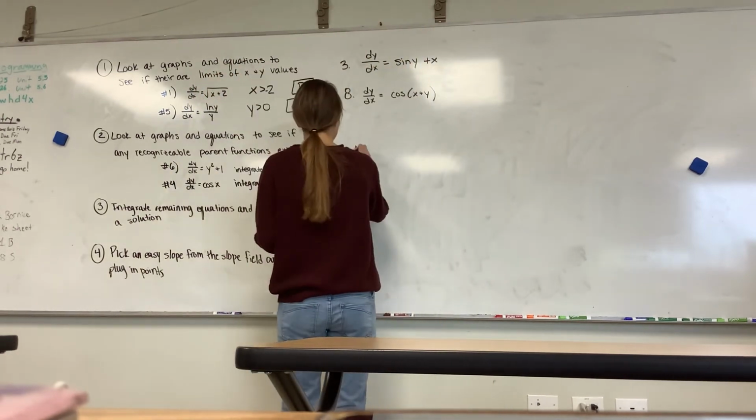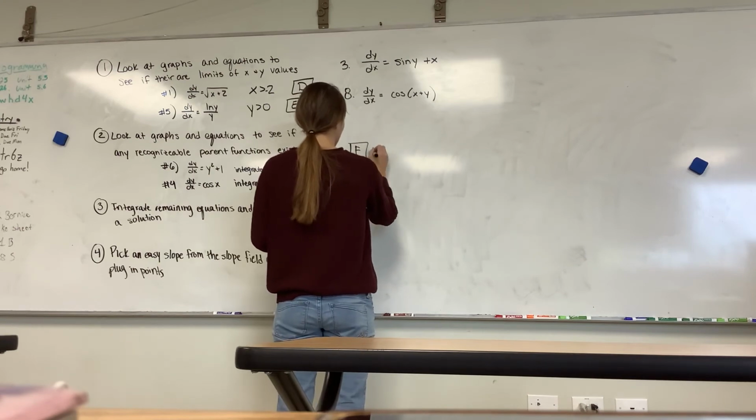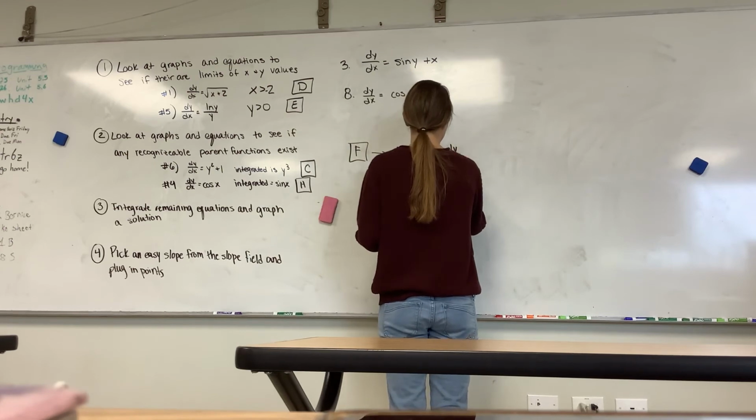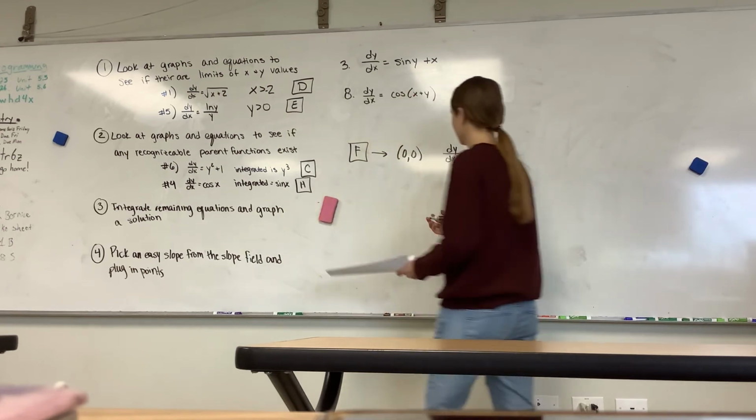So on graph F, at point 0, 0, dy/dx is equal to about 1.